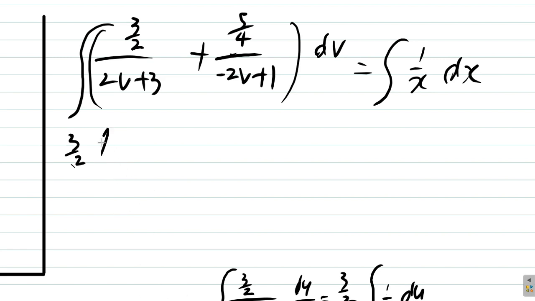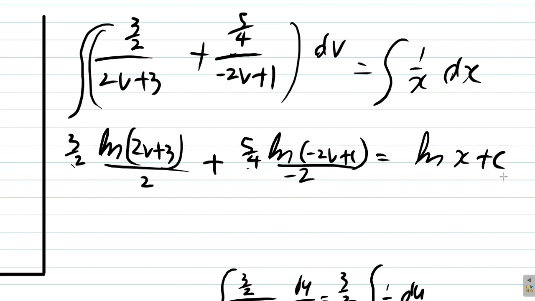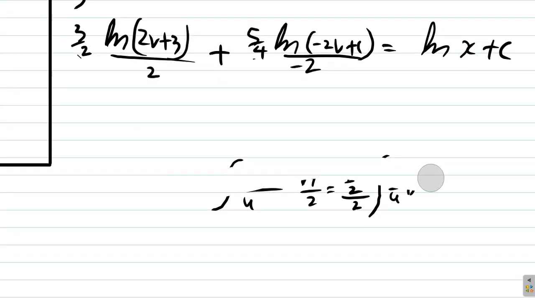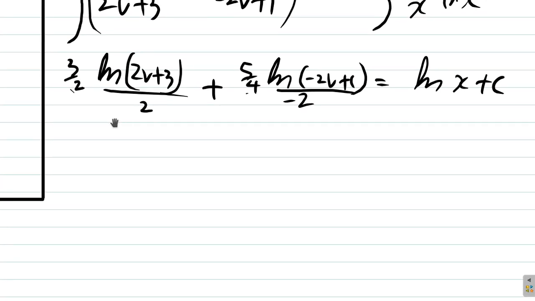It's 3 over 2 ln 2v plus 3, and that will be divided by 2 plus, this is going to be 5 over 4 ln negative 2v plus 1, and it will be divided by negative 2, right? And that's going to be equal to ln x plus c. See that? Now, let's see what else happened here. How can you rewrite this in a neater way?